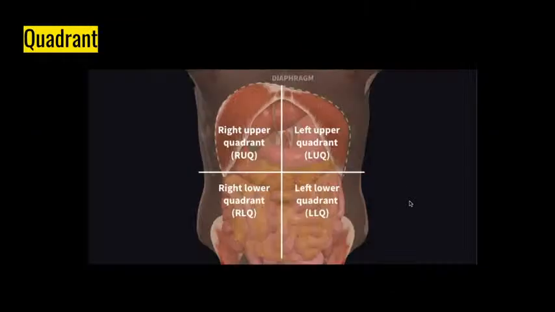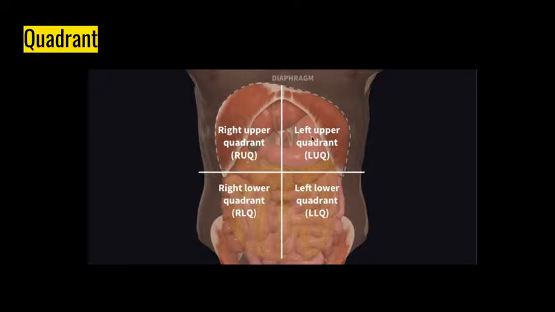Sometimes doctors use the quadrant naming system, which divides the region into 4 parts. The right upper quadrant overlaps the right hypochondriac, epigastric, right lumbar, and umbilical regions.